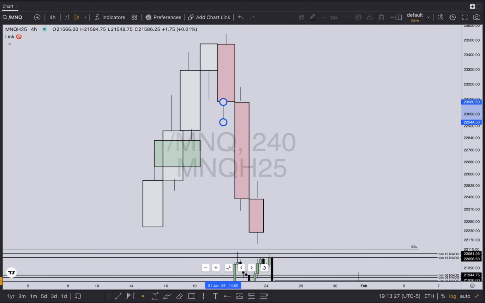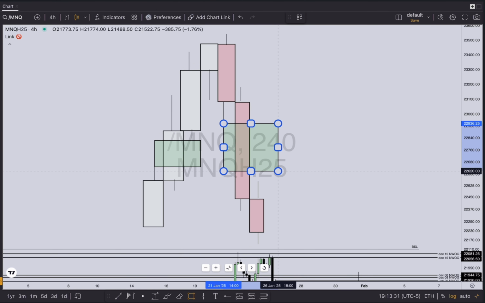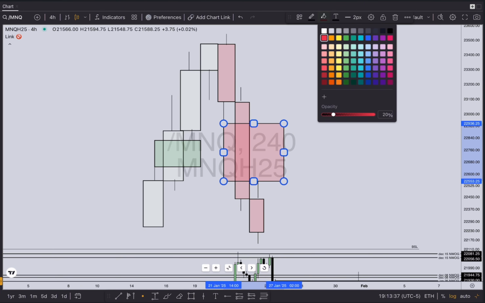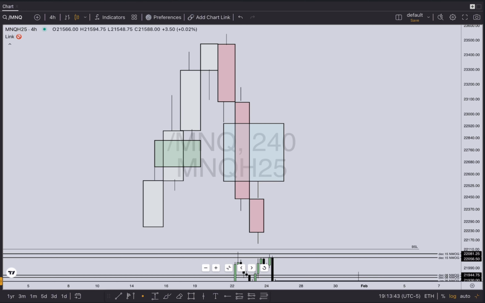Sorry, my drawings are not the best, but you get the point. Now we have this sell side imbalance, buy side inefficiency. Let me put that in red. Oh no, different color. Let's put that in this color, whatever. Right. On the right, we have a buy side imbalance, sell side inefficiency. On the left, we have a sell side imbalance, buy side inefficiency.